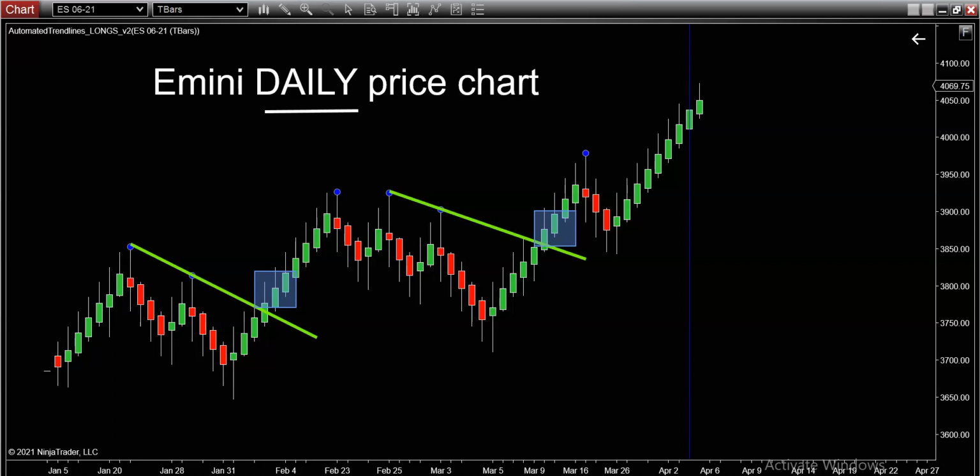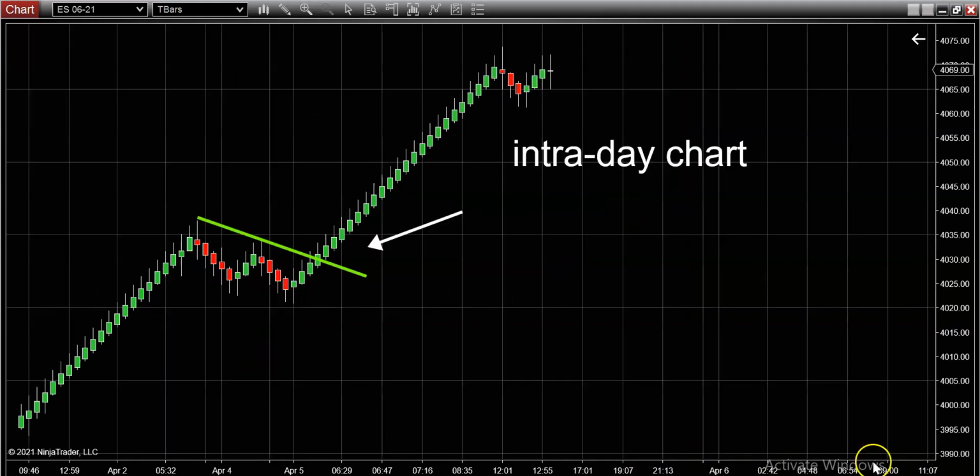So if you had to pick a direction that you wanted to play every single day from, let's see, what is this, February 2nd, I guess, when this trend line broke, and what is this, March 16th or March 15th, or excuse me, March 10th, when this trend line broke, right? What you can do with that information is jump over to your intraday chart, okay, and just start looking for bullish opportunities via trend lines.